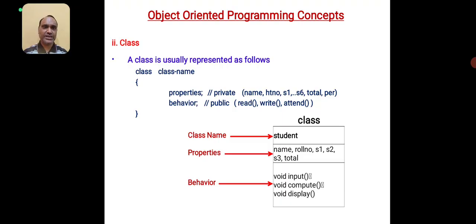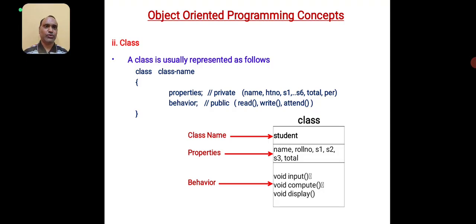And if you want to represent a class in diagrammatic format, here it is shown in a rectangular box. The rectangular box is divided into three sub boxes. In the first sub box we have written the name of the class, that is the student class.